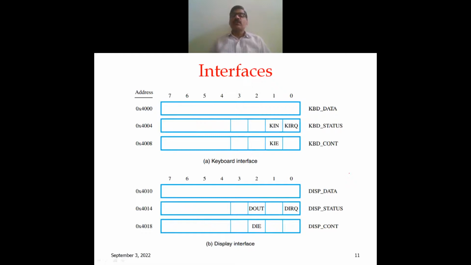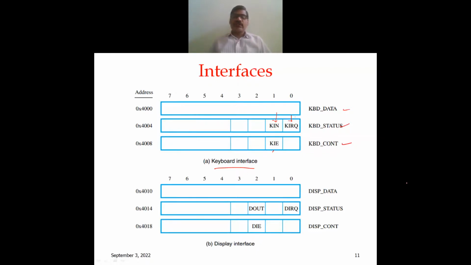These are the interfaces that we have here: KBD_DATA, KBD_STATUS and KBD_CONT, the keyboard interfaces. KIN is a flag bit, KIR is an interrupt request bit, and KIE indicates whether the keyboard interrupt is enabled or not. These are the three important registers associated with the keyboard.